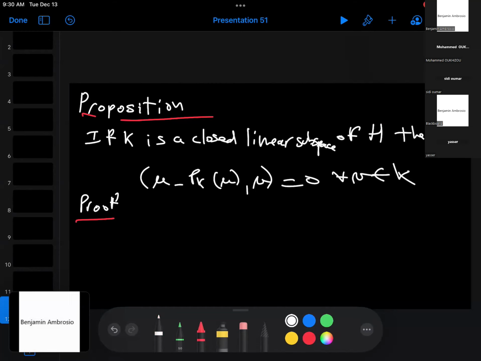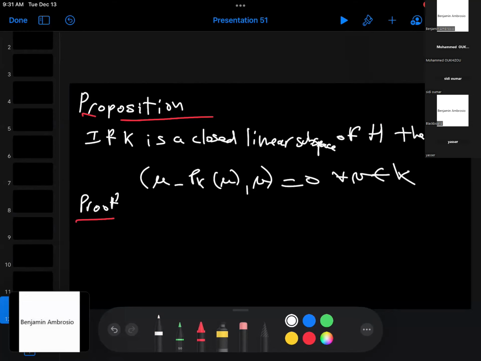All right, so what happens now if K is not only convex, but it's a linear subspace also? Okay, so it's stable by addition and multiplication by a scalar.